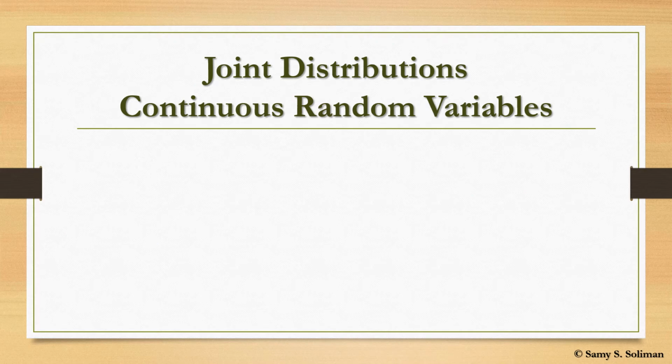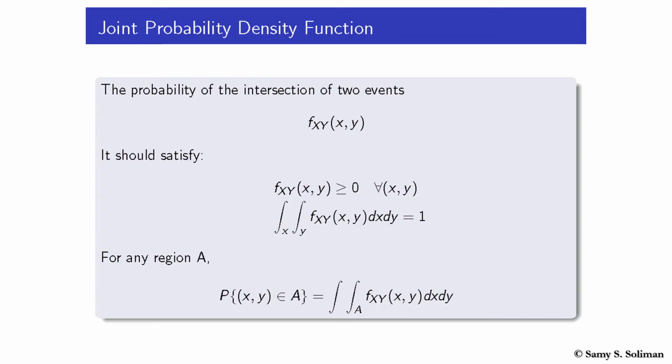In this part, we will be discussing the joint distributions of continuous random variables. As with discrete random variables, jointly distributed continuous random variables are described by the joint probability density function, and we denote the probability of the intersection of such two continuous random variables as f of x and y.